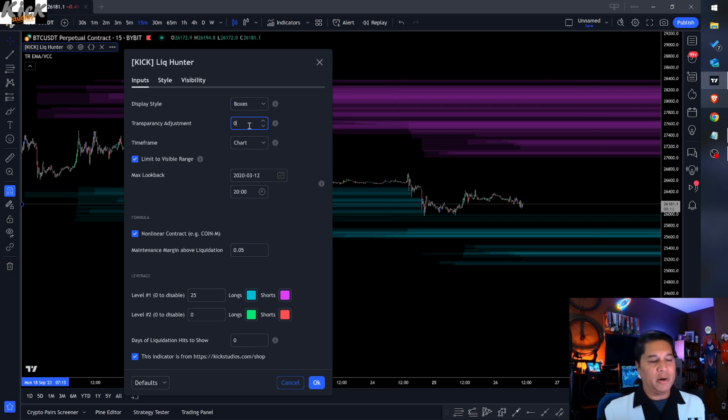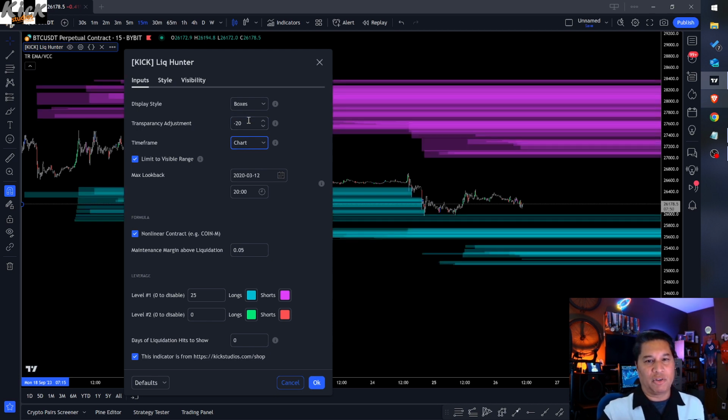Okay, this transparency adjustment, depending on the colors that you choose, you may want to make it more transparent or less transparent. Especially if your screen is not showing up very dark and you need it to be darker, just set the transparency to a negative number. So if I set this to -20, they're much, much brighter.